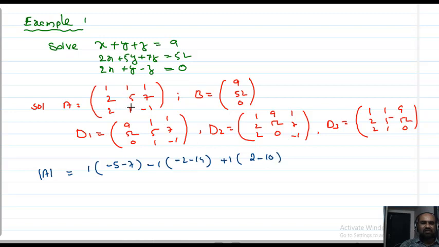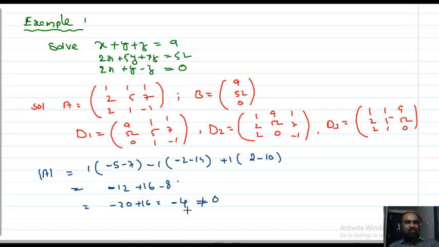Observe, 2 minus 10. So what is this? Minus 12 here you will get. Here this is minus 16 plus 16. Here what is this? Minus 8. So what is that? Minus 20 plus 16, that is equal to minus 4, which is non-zero. No problem. Next D1, I want for D1.